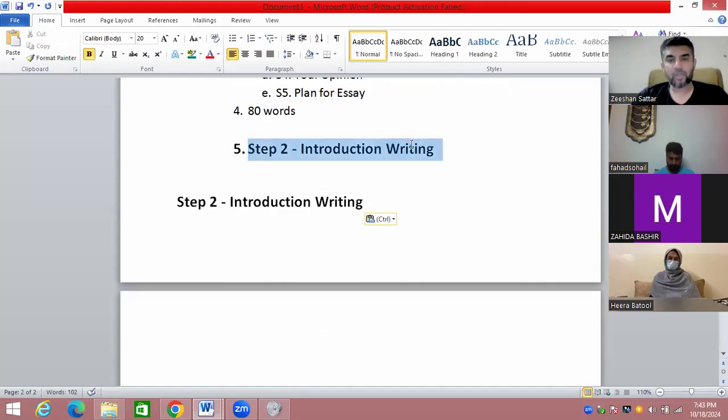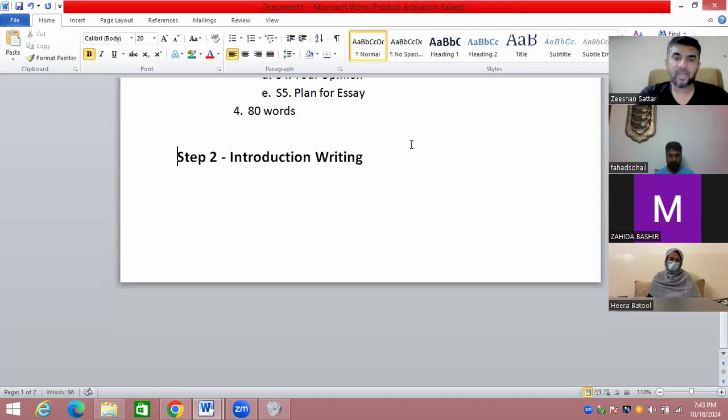And step number 3 that we are going to work on is the writing of the explanation. When we talk about the explanation writing, what do we mean by this?